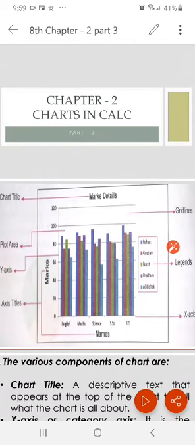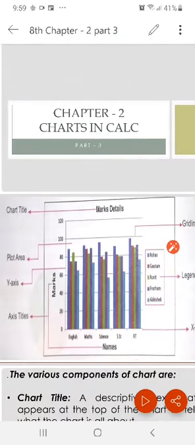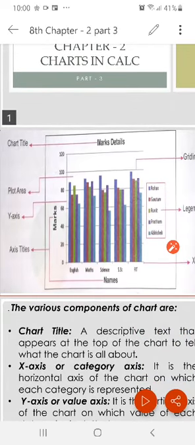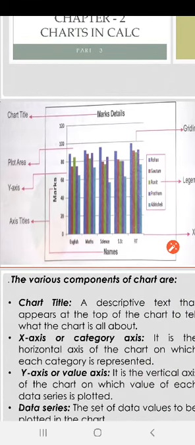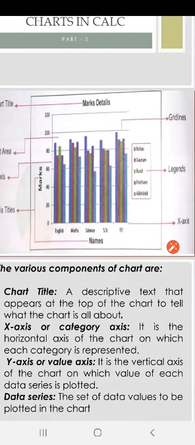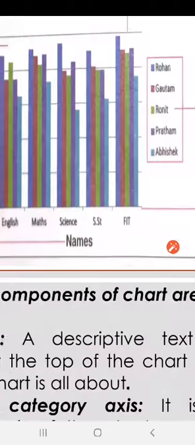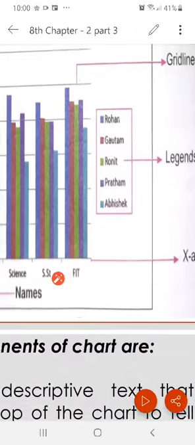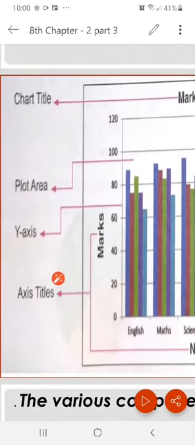Here chart title is the descriptive text at the top of the chart. X-axis is also known as category axis. It is the horizontal axis of the chart. You can see here x-axis, and the y-axis is called value axis as well.